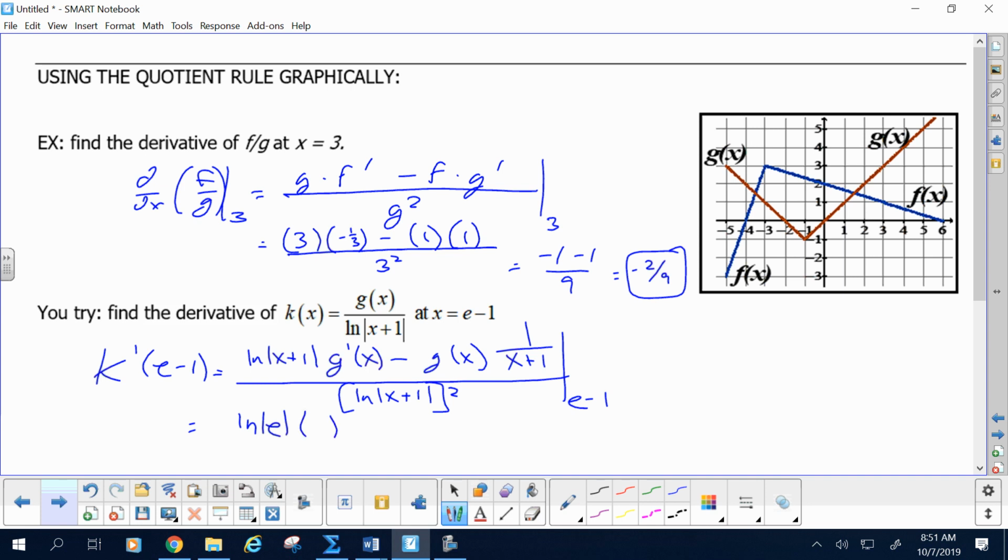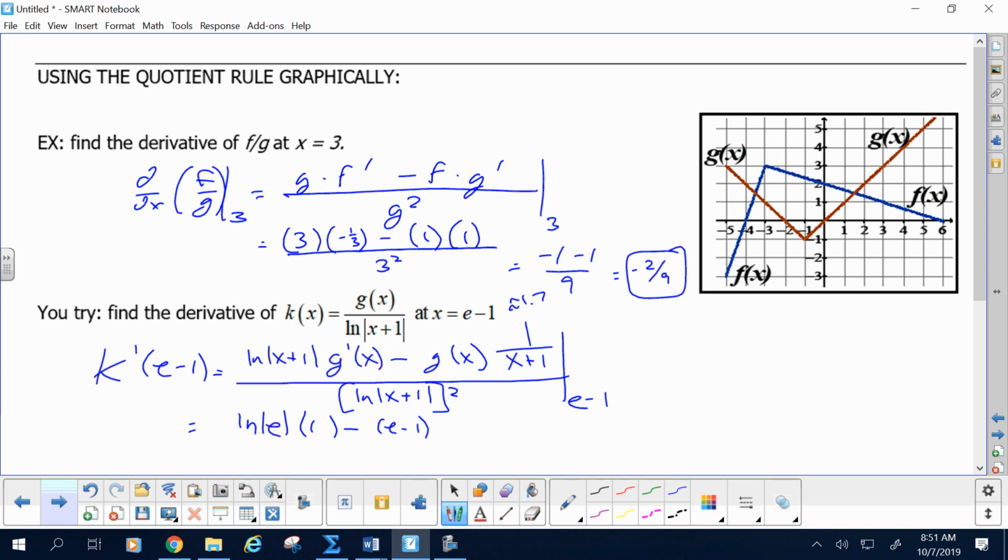So that's about 1.7. What's g prime at 1.7? Negative 1/3-ish? No, 1-ish, right? 1. Right? What's g at e minus 1? Right, e minus 1.